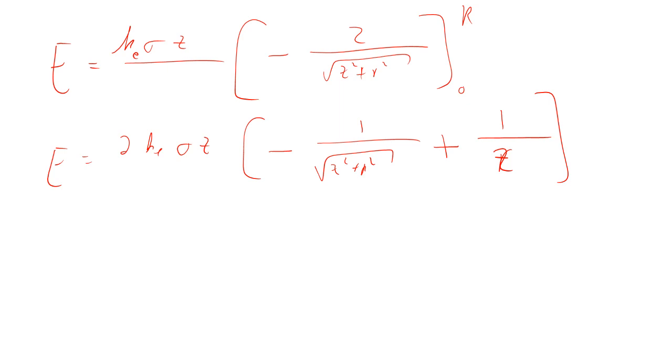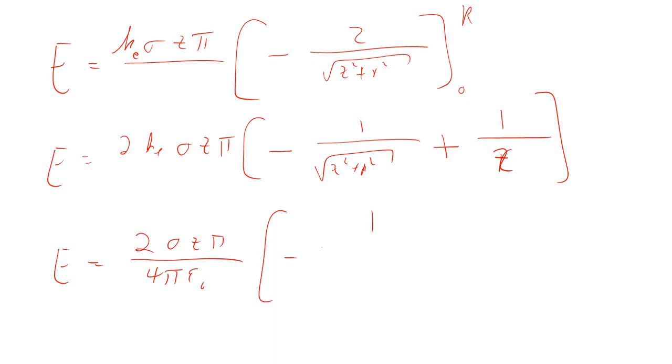Now you look at that and say, wait a minute. I'm sorry, I lost a pi in here. Okay, so now that's pretty straightforward, because this is going to be equal to 2 sigma z pi, divided by 4 pi epsilon naught, because after all, that's what k sub e is.